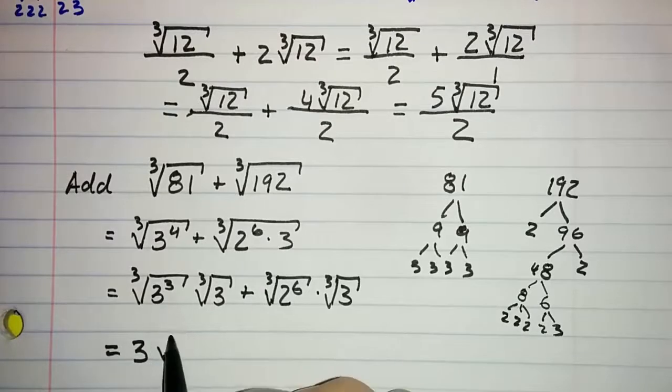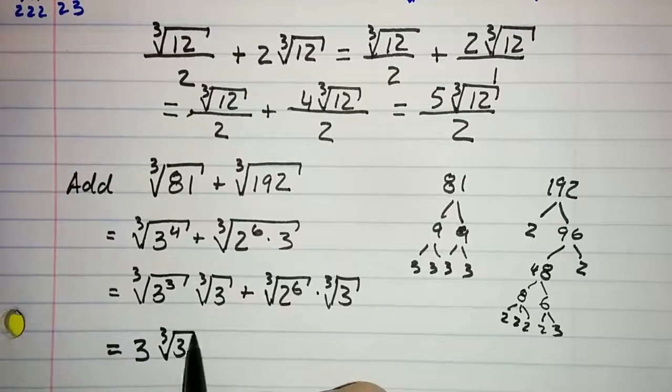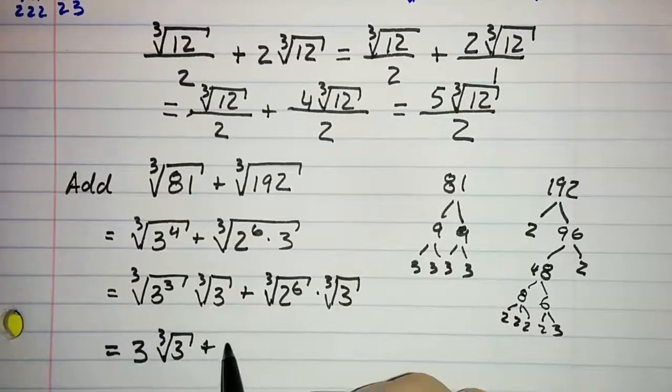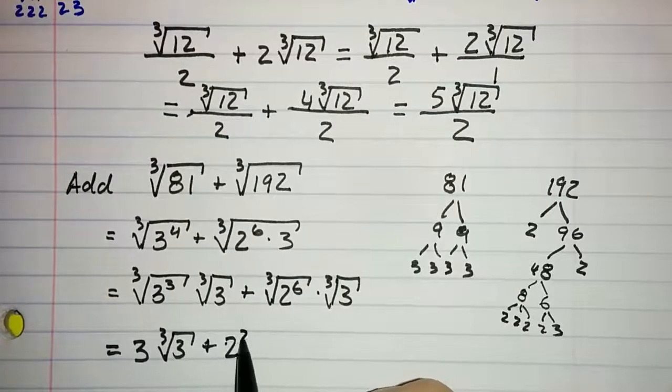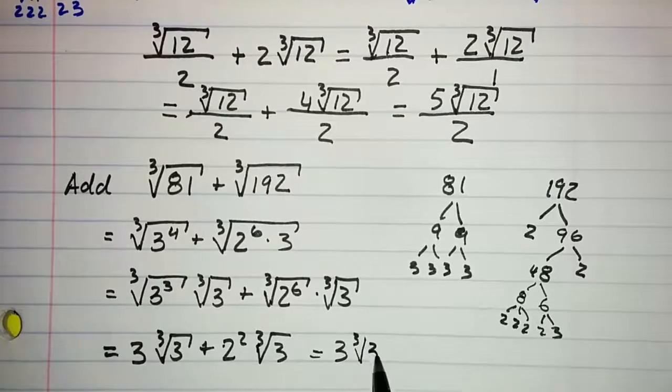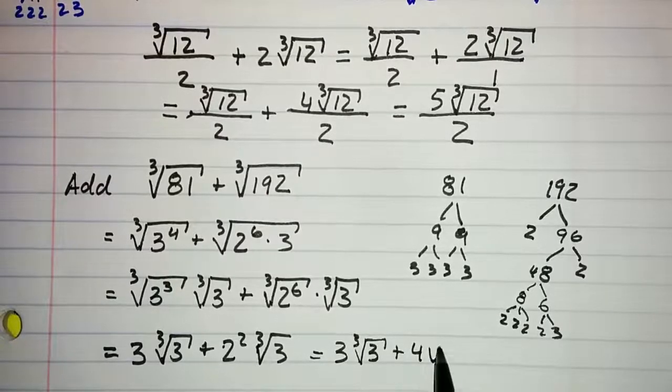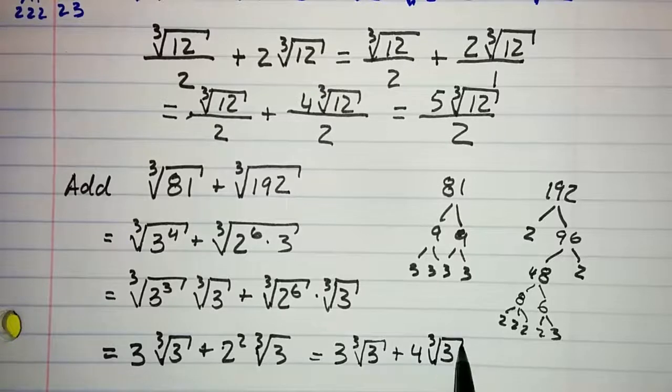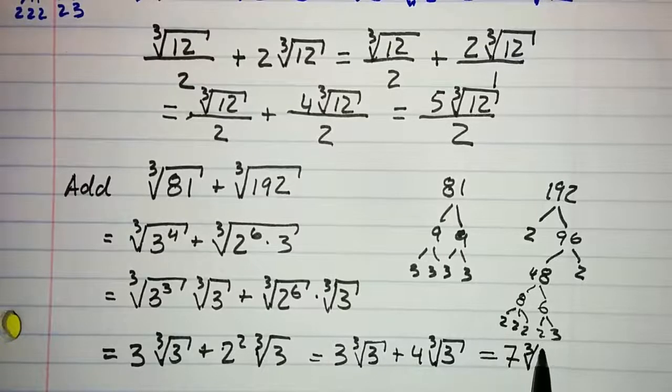Cube root 3 cubed is just 3. Cube root 2 to the 6th is 2 squared. So we'll have 3 cube root 3 plus 4 cube root 3. Those are like radicals. And we're left with 7 cube root 3.